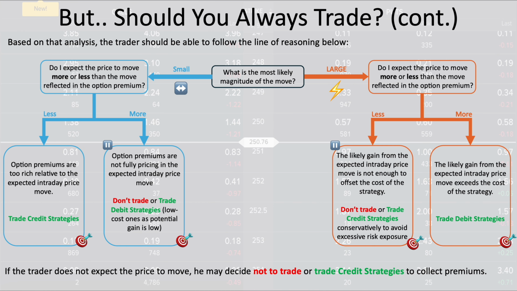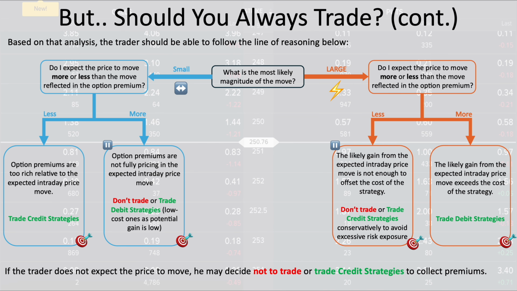If the trader expects the price move to be more than what is reflected in the option premiums, the strategy will cost less than the gain he will have if the move is according to his expectations.